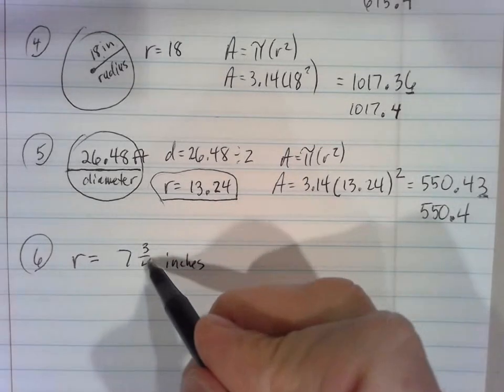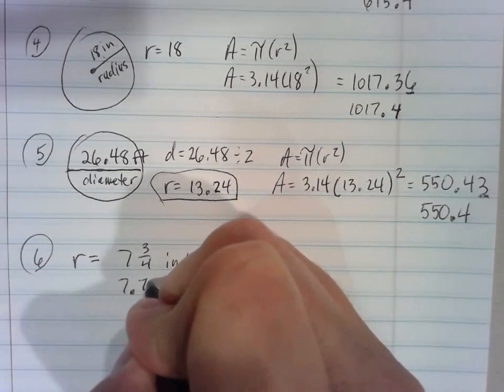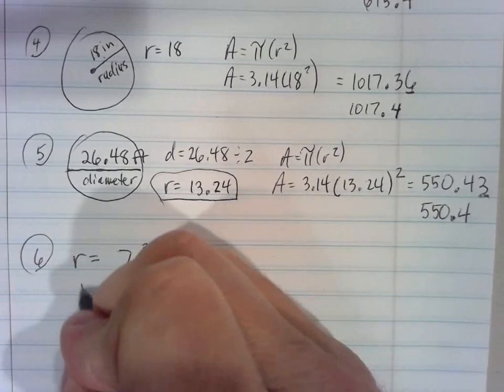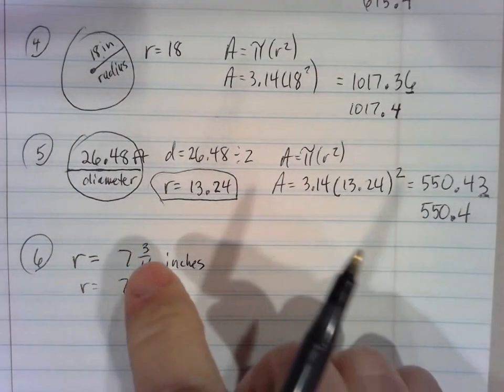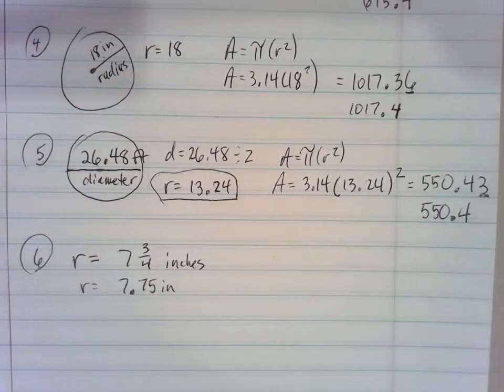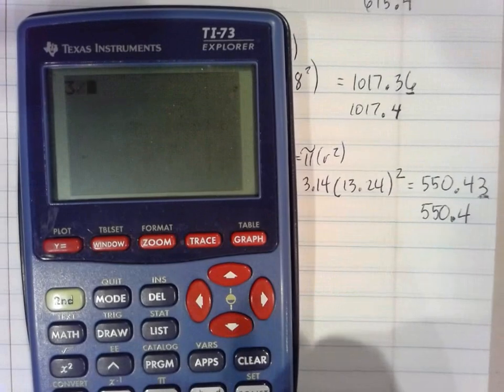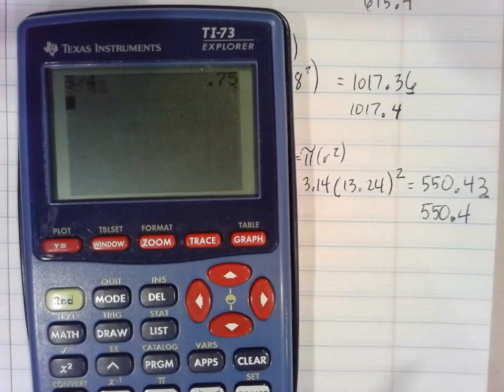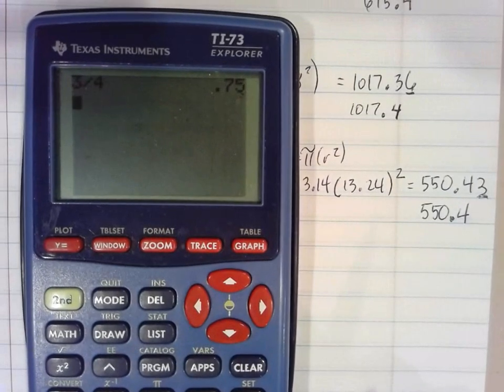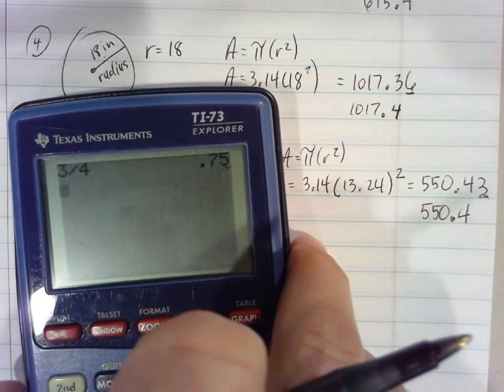What is 3/4 as a decimal? 75 hundredths. If you don't know the decimal, do 3 divided by 4, and that gives you 0.75. That simple.